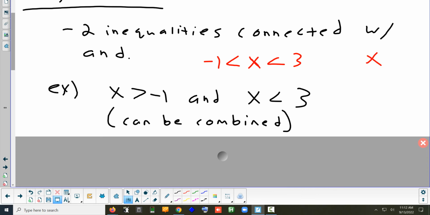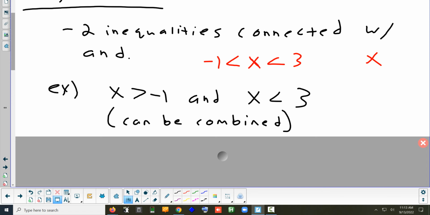Can anybody tell me the other way you could do it? So what would be another way you could write that? And it would still be correct. Yeah?